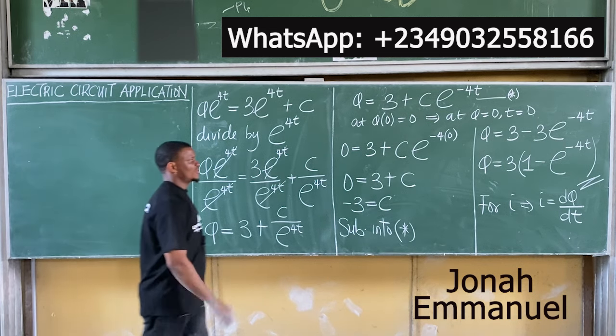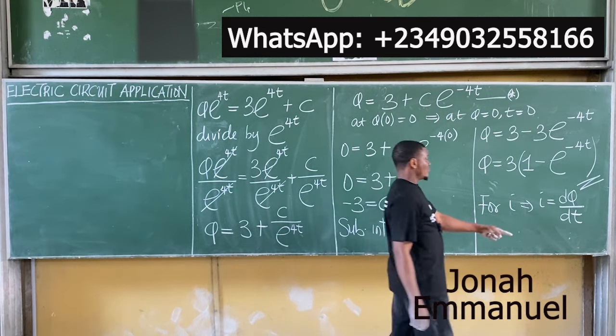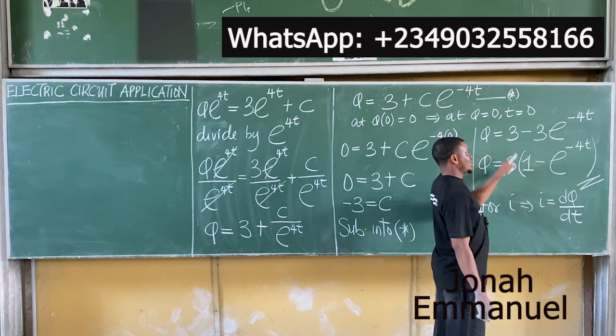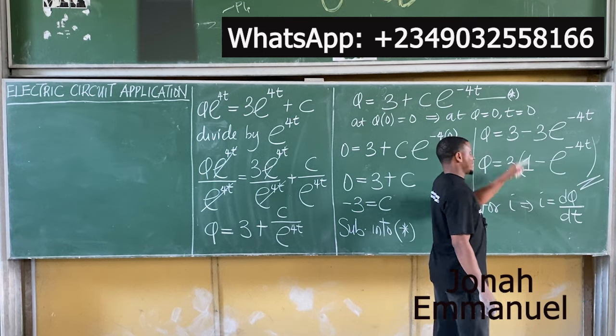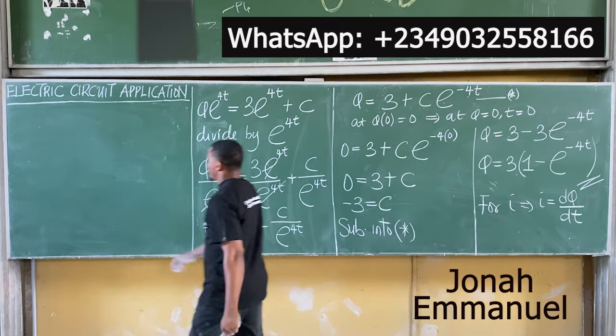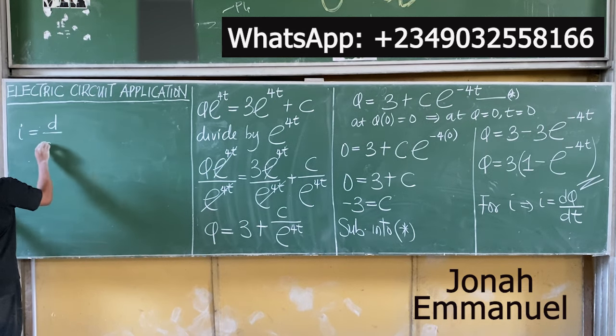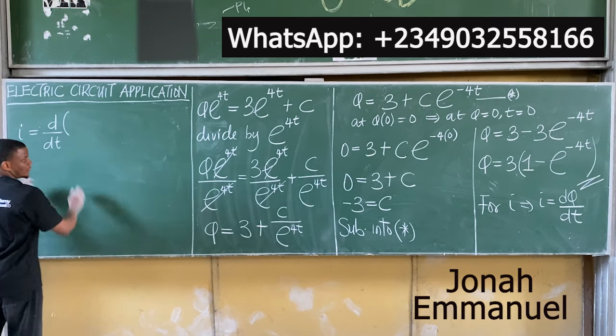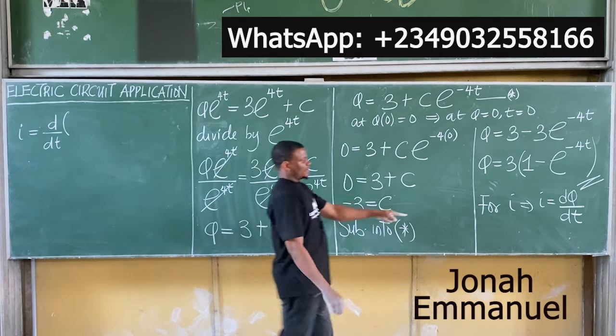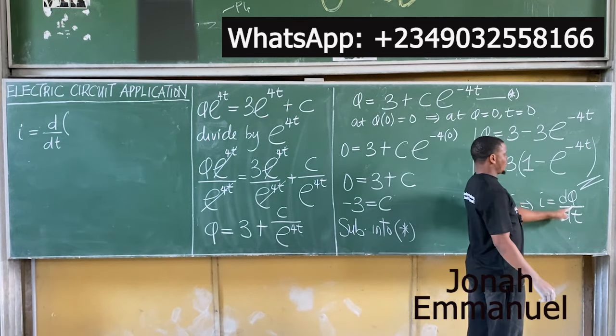To make this differentiation easy for ourselves, I will take this one instead. This one is the same thing, but easier. So we now have that I is equal to d over dt of q, because we said I is dq over dt. What's the value of q?